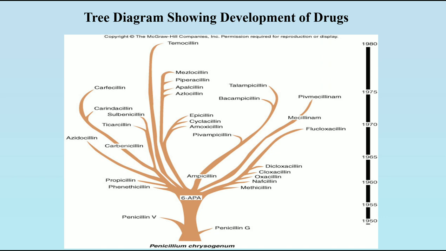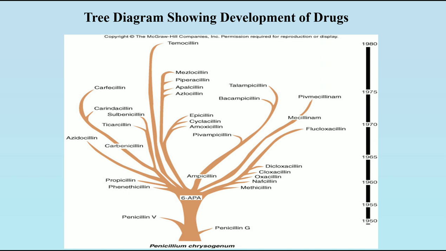And this is around 1940 and 50s. Later on, at around 1955, you can see in the middle of the tree it is written 6-APA, which is 6 amino penicillinic acid.